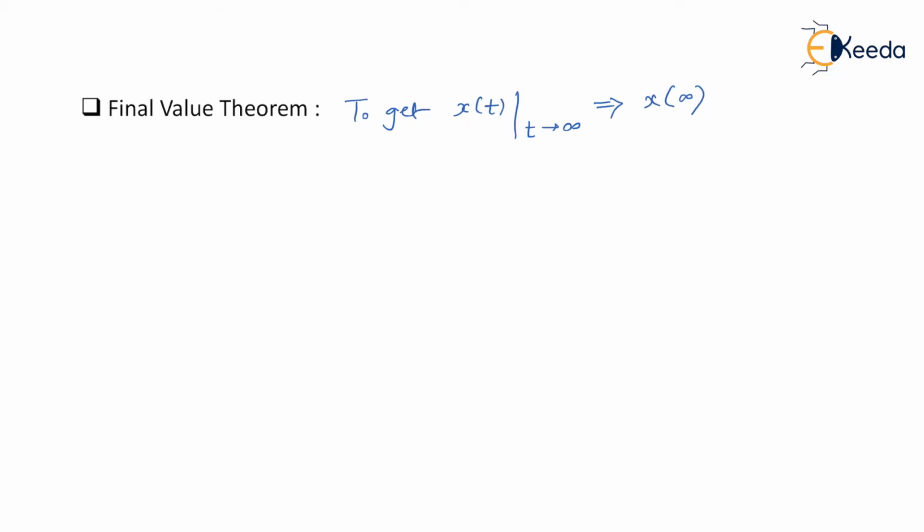Remember, you don't have to take literally t equal to infinity, because experiencing t equal to infinity is not possible. Am I right? So x(infinity) mathematically is known to be a final condition. If you want to get x(infinity) from X(s), the final value theorem is used.